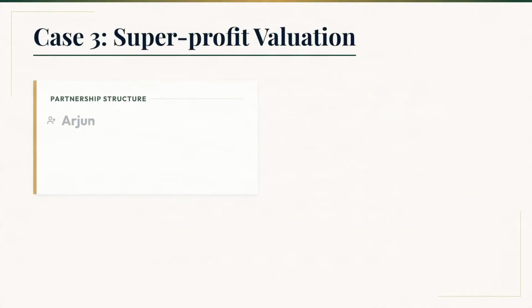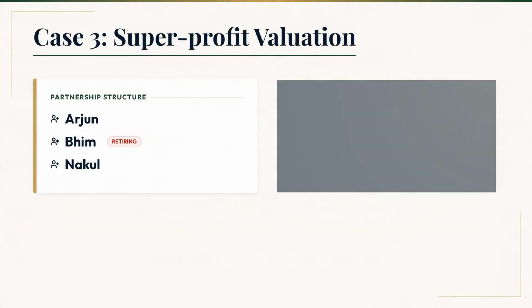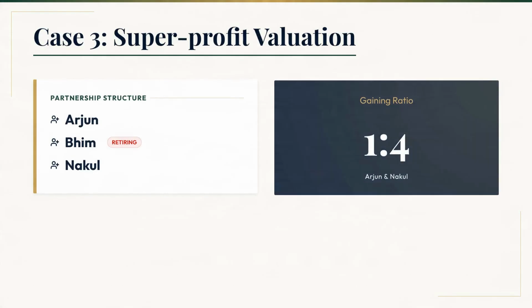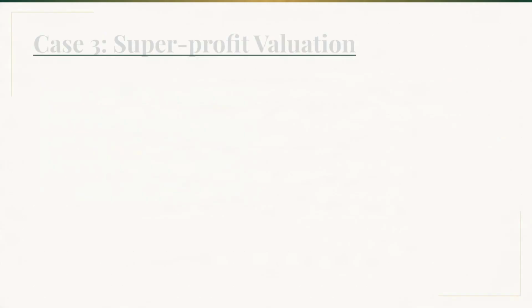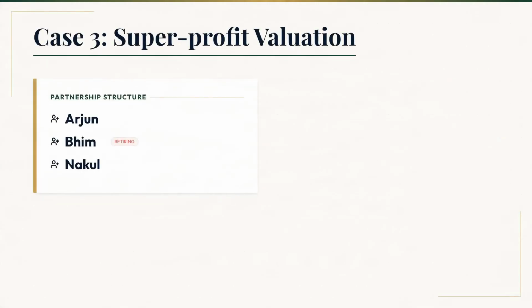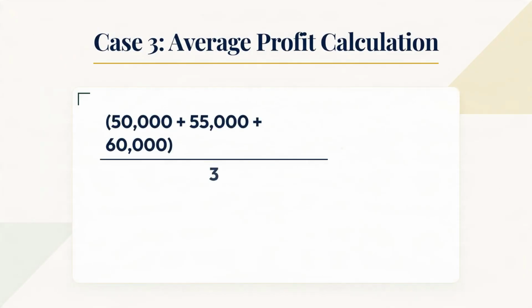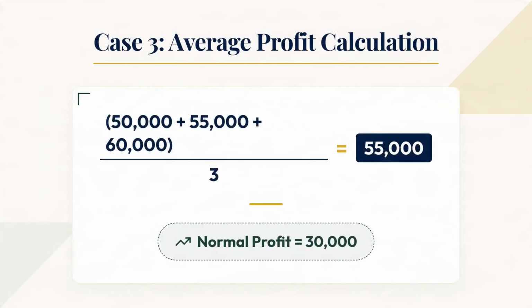A final example, case 3, introduces the super profit method. Arjun, Beam and Nakul are our partners. With Beam retiring, we are provided with a predetermined gaining ratio of 1 to 4 for the continuing partners. Step 1 is calculating the average profit based on the last 3 years, which gives us 55,000.